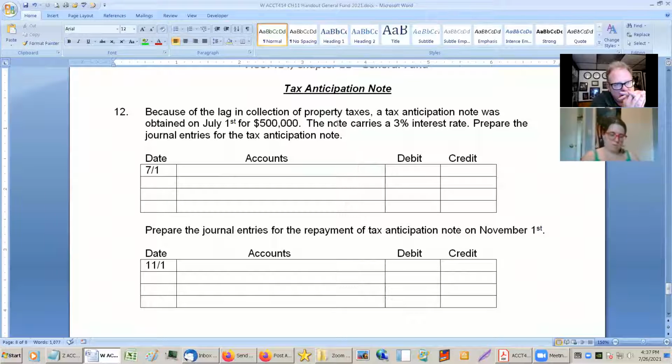Okay, so they obtained 500,000. So cash will be going up.